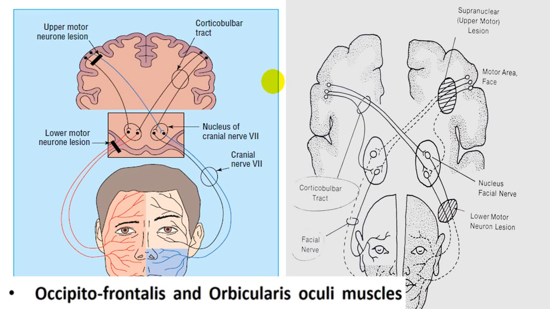This portion from the cerebral cortex up to the facial nucleus is called upper motor neuron control, or we call it supranuclear control. From the nucleus, the fiber which supplies the facial muscle, that we call lower motor neuron or infranuclear.